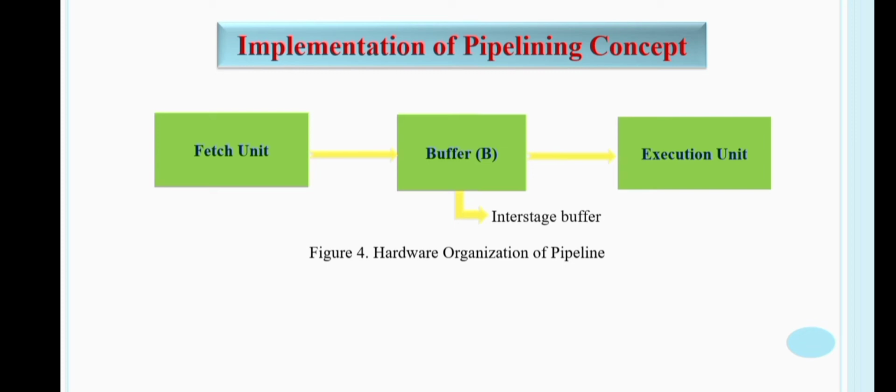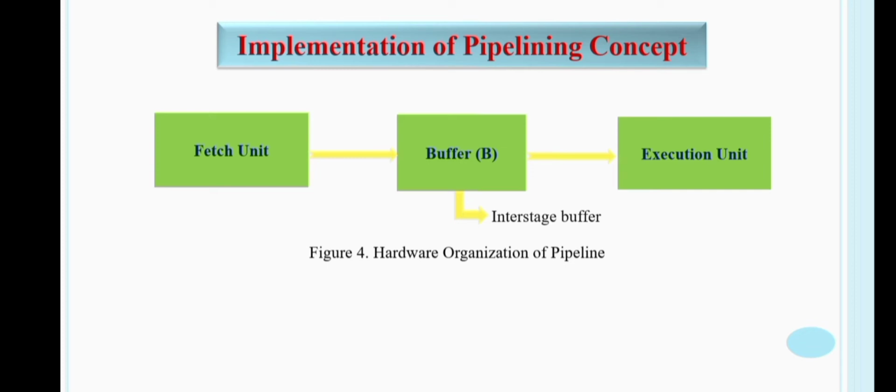Here, a buffer is a temporary storage place to store some data. Let us discuss the hardware organization of pipeline. As soon as the fetch unit fetches the instruction, that instruction will be stored in the buffer. Now, the fetch unit is free.